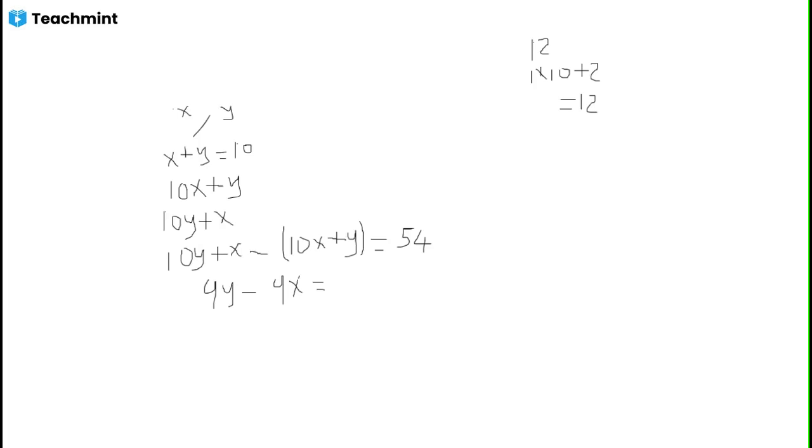Sawa. We can simplify this by dividing each and every term by 9.